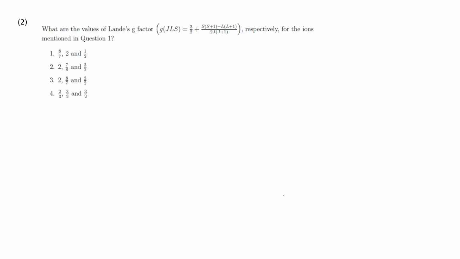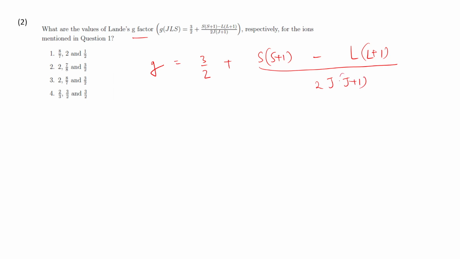Now what this question is saying, we have to find something called the Landé g factor. The formula is already given. It is 3 by 2 plus S into S plus 1 minus L into L plus 1, over 2J plus 1, for the ions mentioned in question 1.